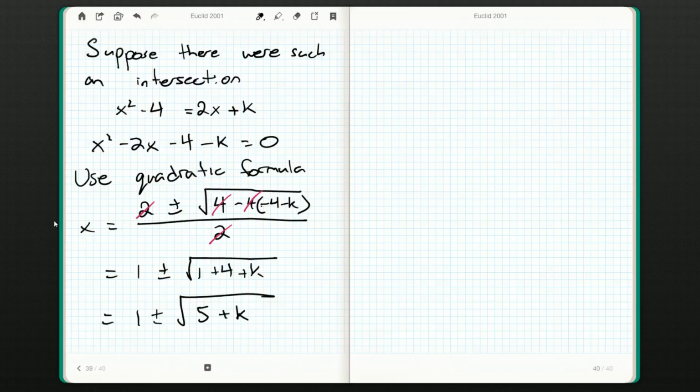Now, negative intersections are fine, as we noted on the last page, but as long as we can take the square root of what's under the radical, we'll definitely be able to get a positive intersection, because 1 plus a positive number will be one of our roots.